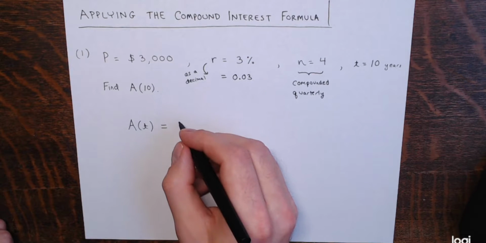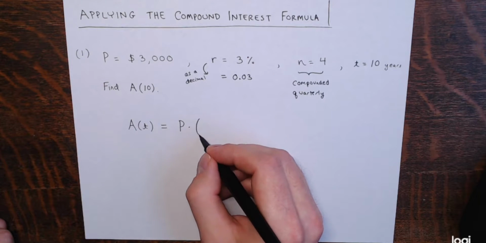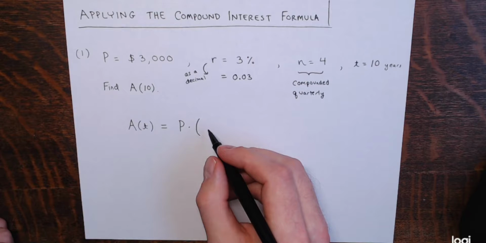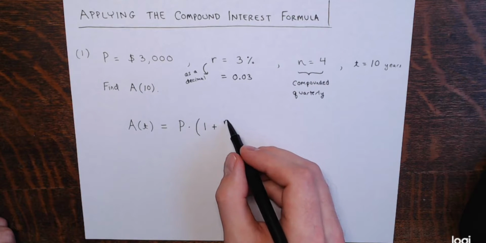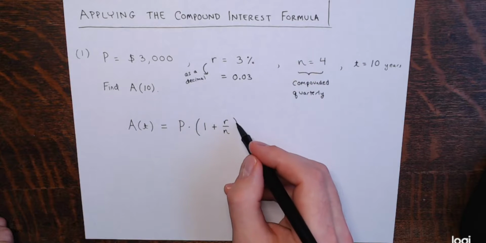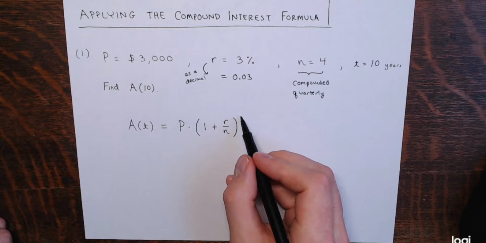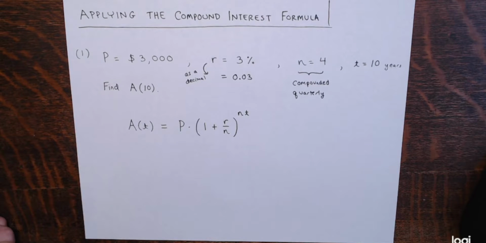It's the principal, P, times the quantity, here's your base, 1 plus R divided by N. So the interest rate as a decimal, 0.03, divided by n, the number of compound periods in a year, which is 4, compounded quarterly. And then the exponent is n times t.